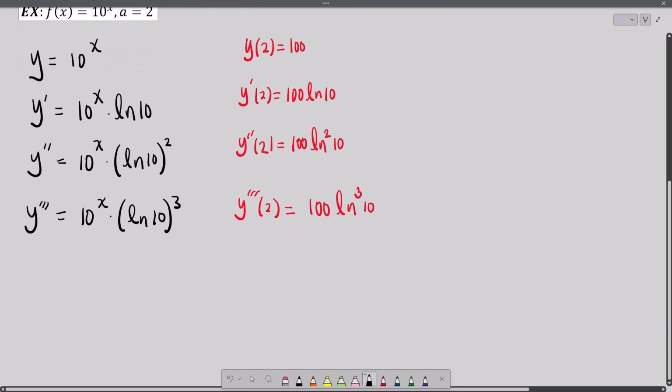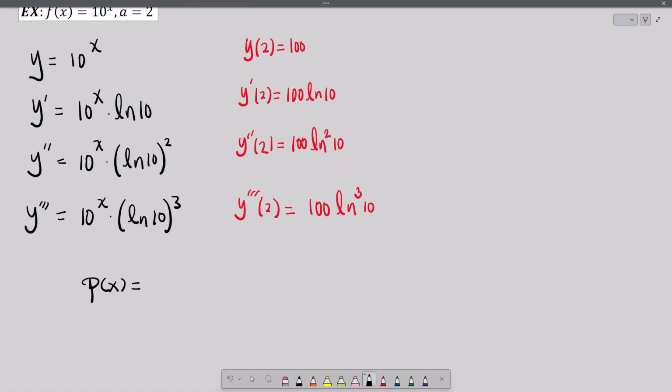So our polynomial will be 100 plus 100 natural log of 10 multiplied by x minus 2.